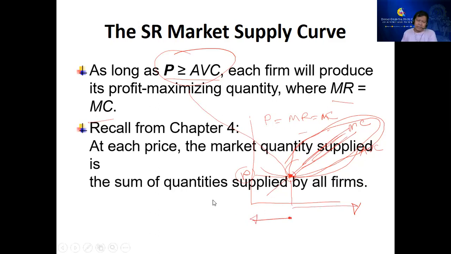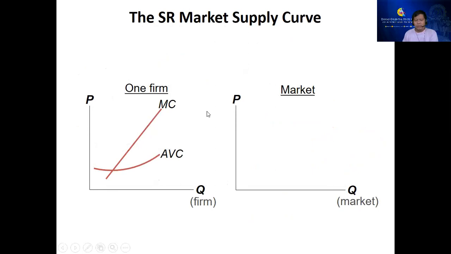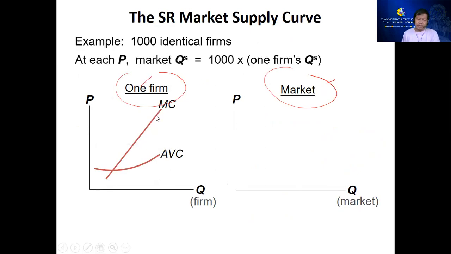So, recall that the market quantity supplied is the sum of quantity supplied by all firms. Okay. So for example, one firm, a single firm. The market is a combination of many businesses or many firms. So mas dako na yung market kaysa individual nga business. Okay. So for example, naa kay 1,000 ka kumpanya. Imong itotal ang quantity nila, mao na ang market quantity.